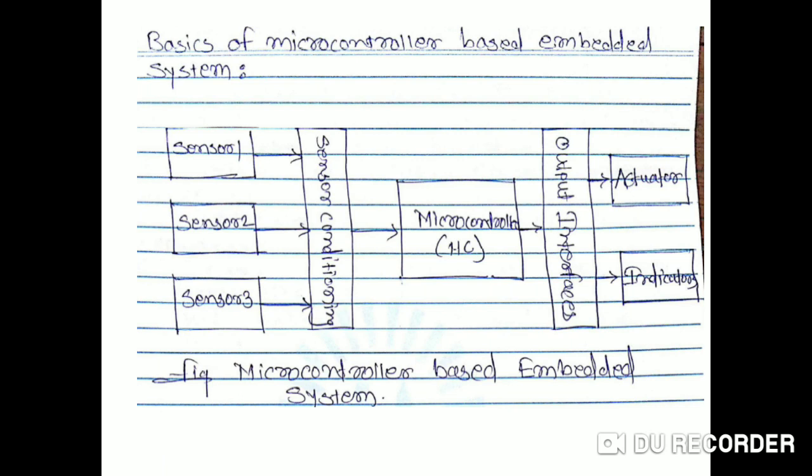Sensors basically read the physical phenomena and generate the equivalent output that can be fed to the microcontroller. But before that, we have to ensure that the analog signals provided by the sensors are converted into digital signals. For that, we require analog to digital converter or other types of signal conditioners.